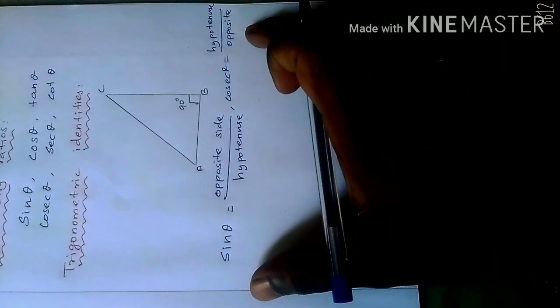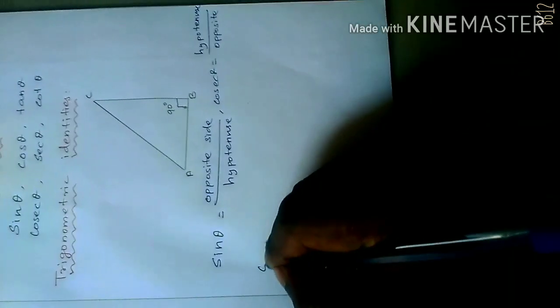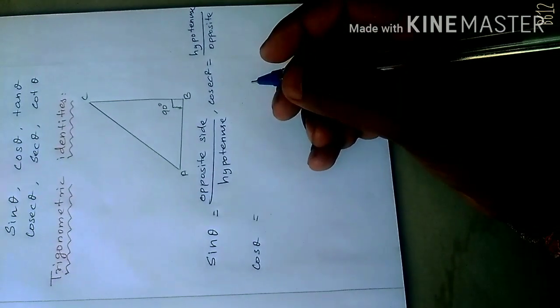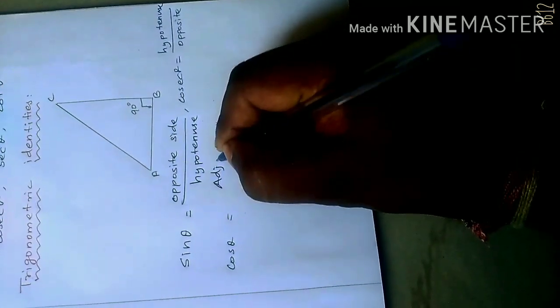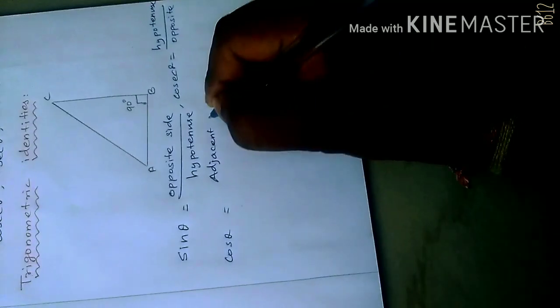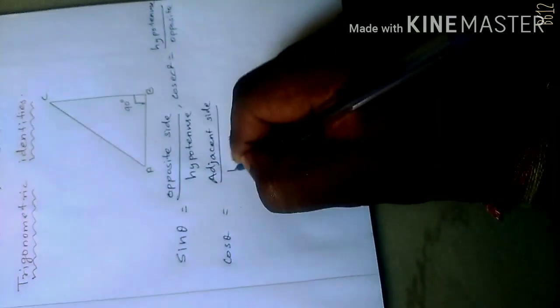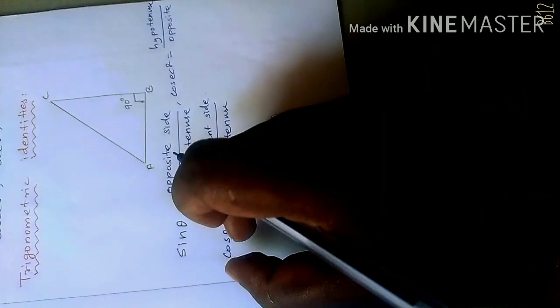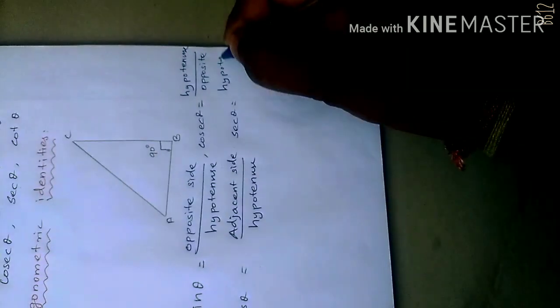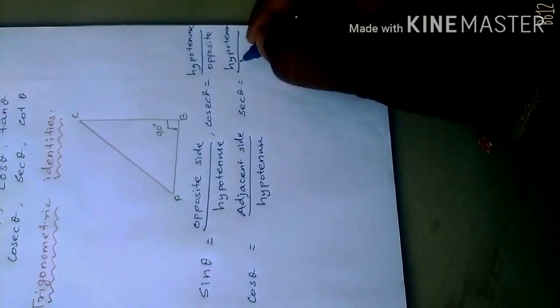These two identities understood. Next, cos theta. Cos theta is equal to adjacent side by hypotenuse. What is the inverse of cos theta? Already I said secant theta. So secant theta is equal to hypotenuse by adjacent.